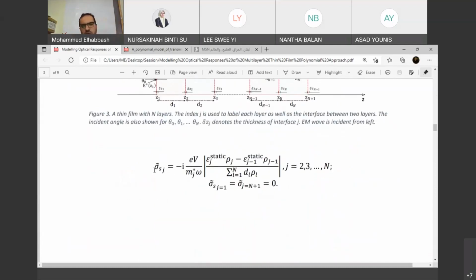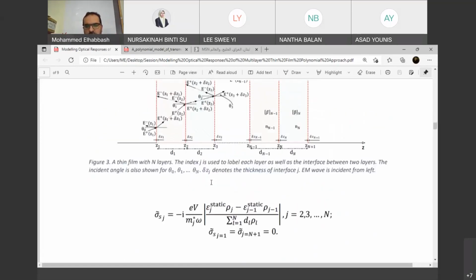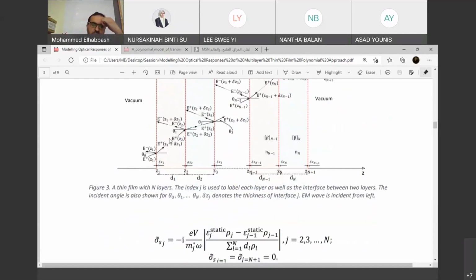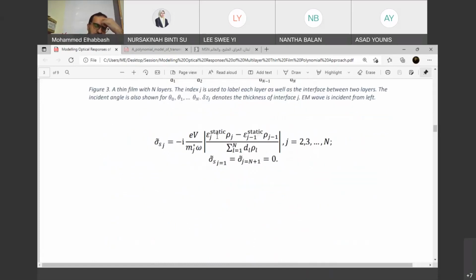Here we have the equation for the conductivity due to accumulated charge, and you can see that the first sigma, between vacuum and the first layer, will be 0, and for the N layer and the vacuum, it will be 0, because between vacuum and any layer the charge will not accumulate.